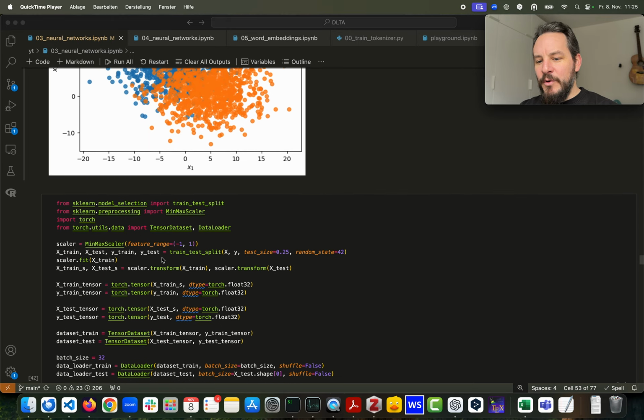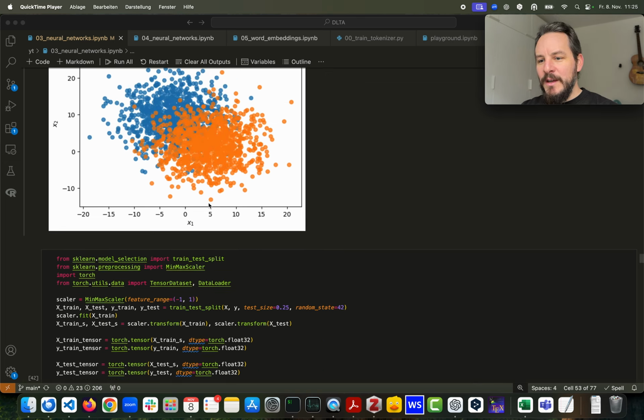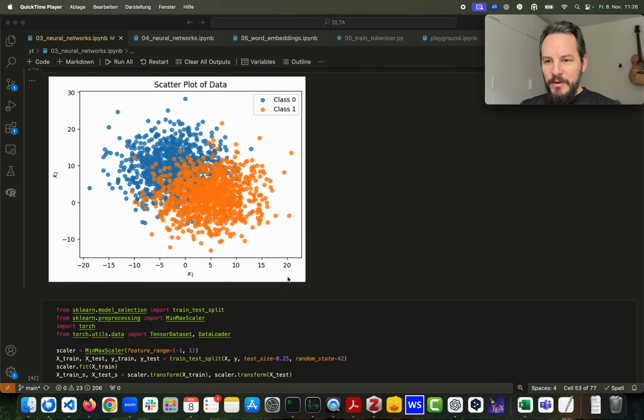All right, in comparison to before, exactly the same thing is the data preprocessing. So here we split the data. Also, we normalize the data, again here with the min-max normalization, so x1, x2, originally somewhere between let's say minus 30 and plus 30 overall, or minus 20 and plus 30, both variables.